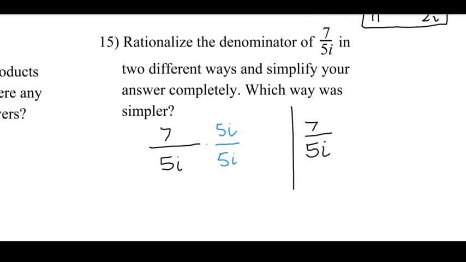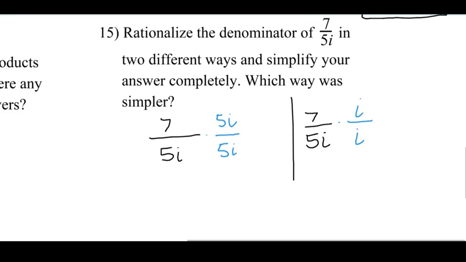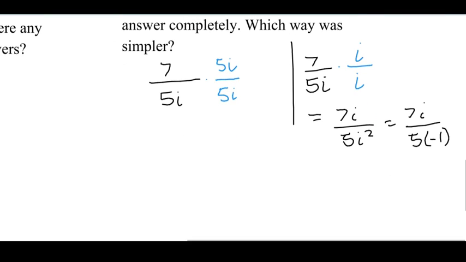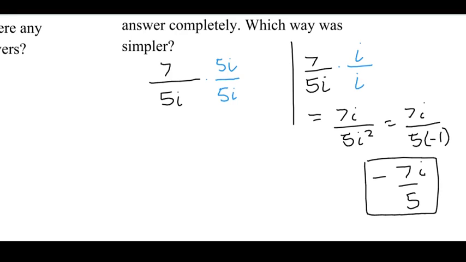So the other way is to just focus on getting rid of the i. So if I multiply just by i, that's going to take care of the problem. So we have on the right side, because that's going to be the easier one, 7i over 5i squared. And then we have 7i on top, 5 times negative 1 on bottom. So this becomes negative, I'll factor that negative out, negative 7i over 5. Okay, and that one is rationalized.